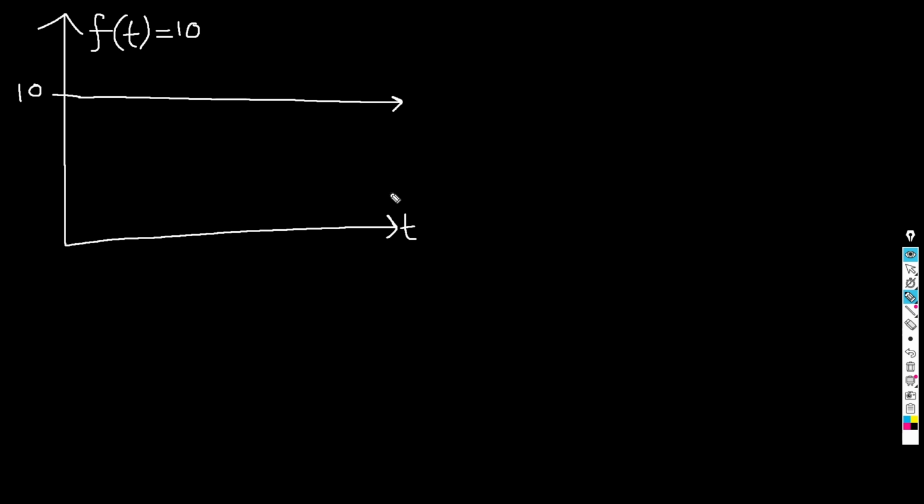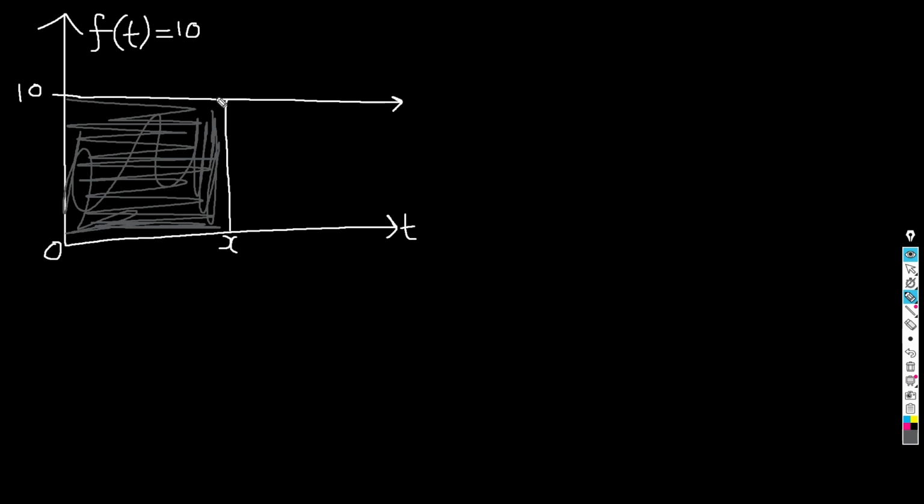Anyway, imagine this function, and we have a point here on the t-axis called x, and there's a line going up from x, and what this line here is doing is it's sweeping out an area from 0 to x under this line here. We'll call this gray area A of x, to represent this area that's being swept out.